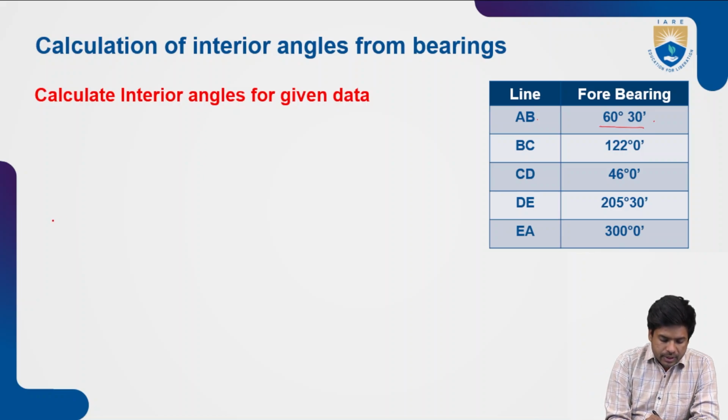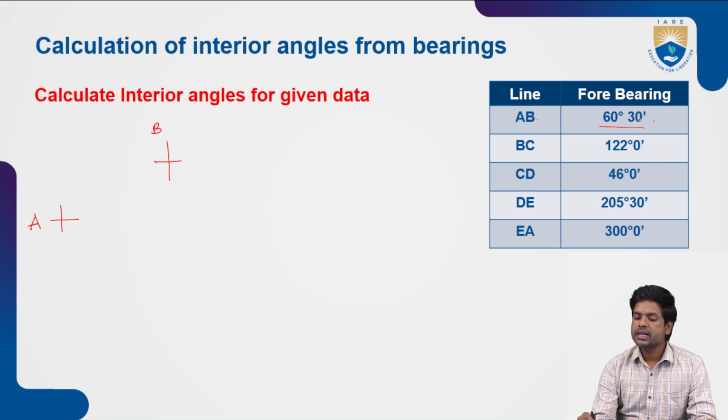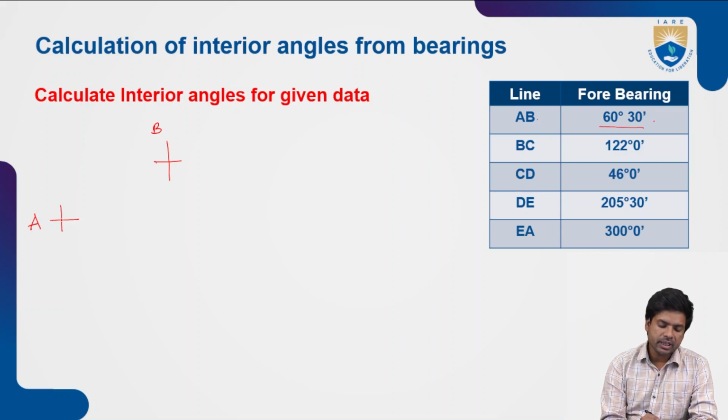This is one station, A, and I am taking another station as B. The angle is 60 degrees 30 minutes, so it will be in the first quadrant only. Now draw a line here like this.